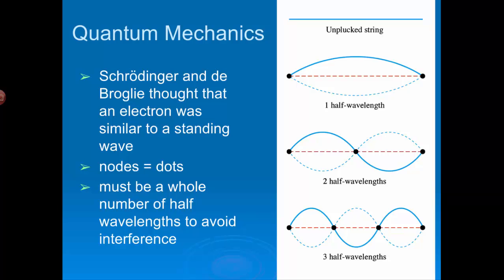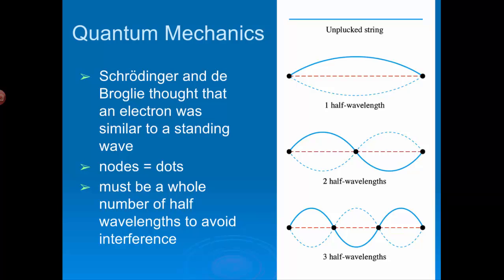So the idea then is that these electrons behave in wave-like patterns, and therefore they have wavelengths and half wavelengths. What Schrödinger figured out was that in order for electrons to exist in a certain area around the nucleus, they had to exist in a pattern that was a whole number of half wavelengths.